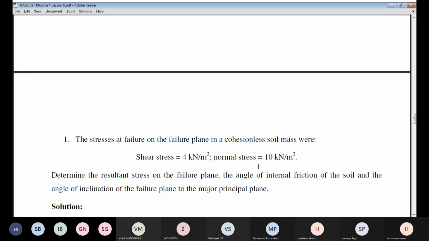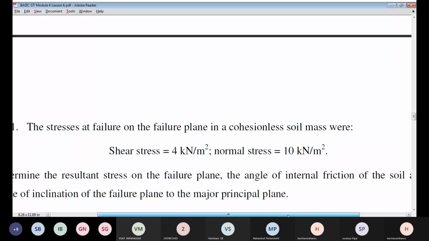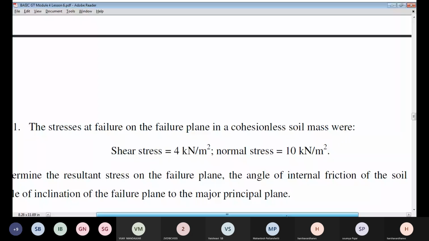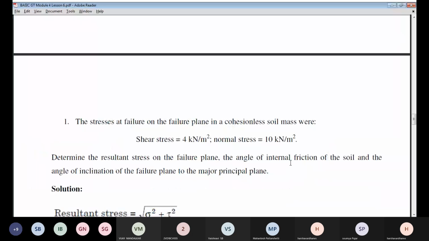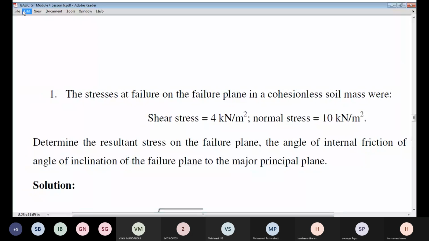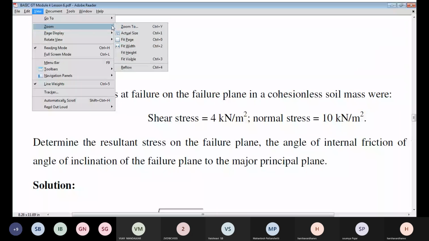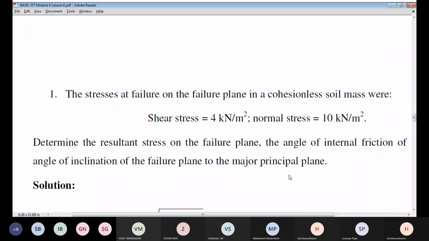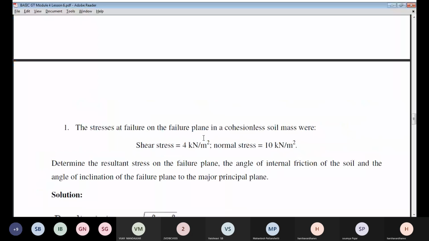Okay, after writing the question, just raise your hand. We'll go to the solution part.